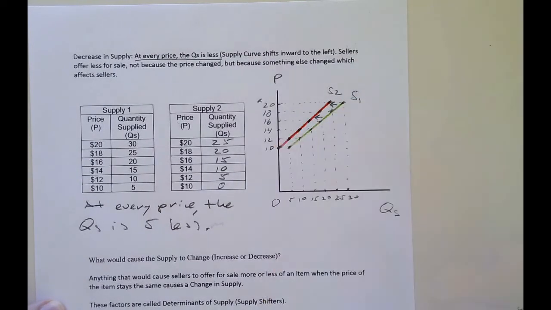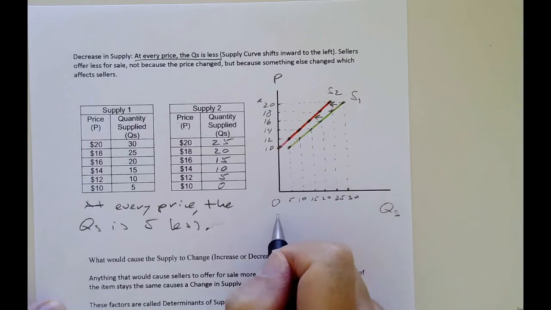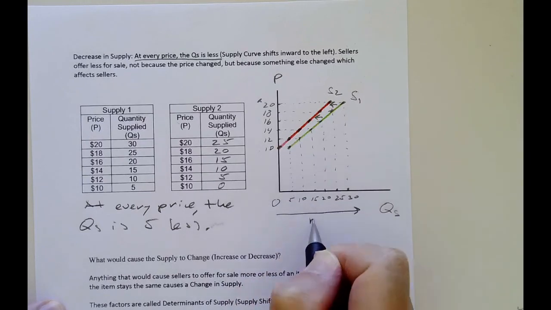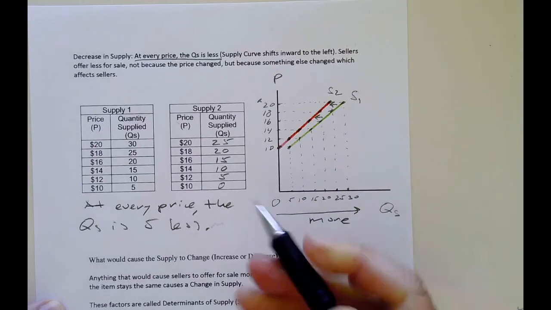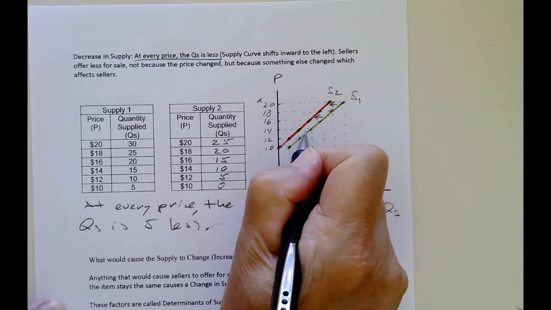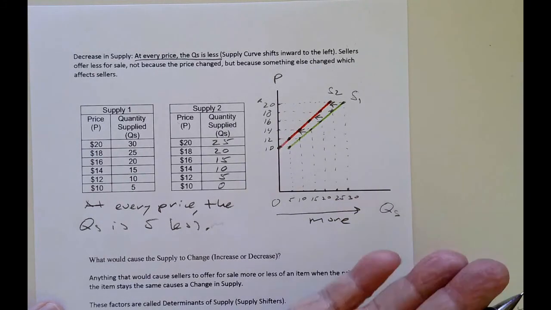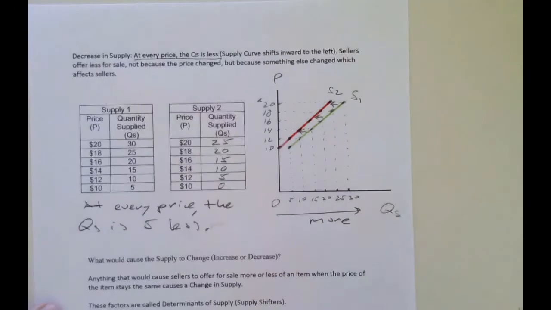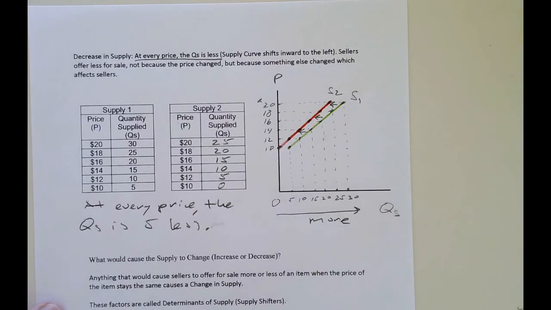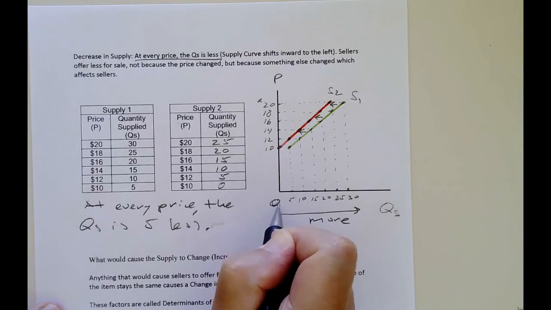Again, it's coming inward to the left. This is more going out to the right. It's coming to the left. That means it's a decrease. Something has happened again, which has made this product less attractive to produce. So again, supply is not falling, it's moving into the left. Whenever demand moves into the left, whenever supply moves into the left, we're moving closer to 0. That's always going to be a decrease.